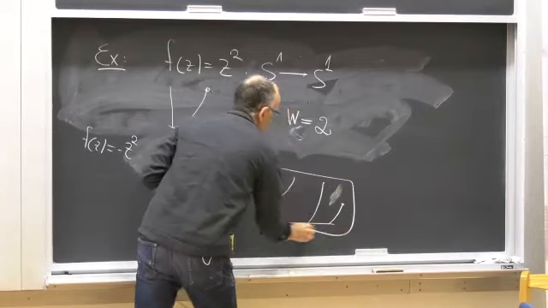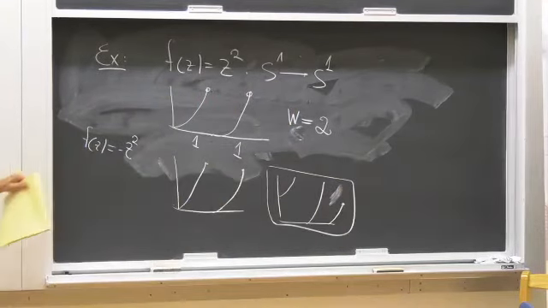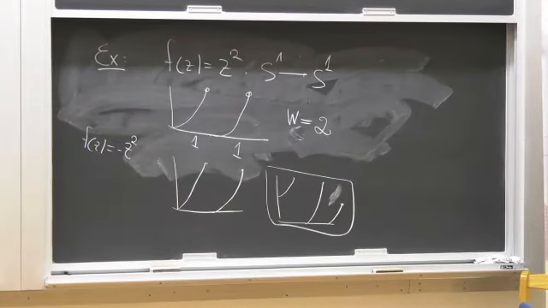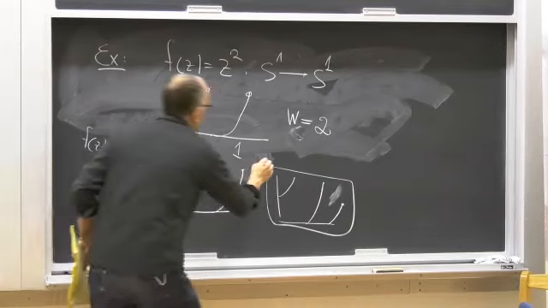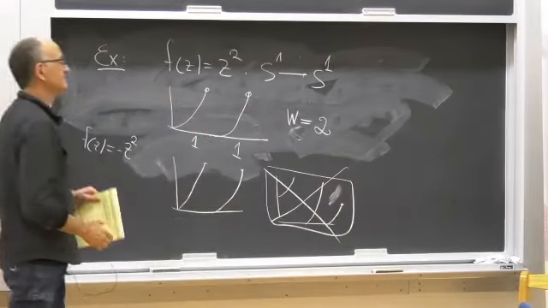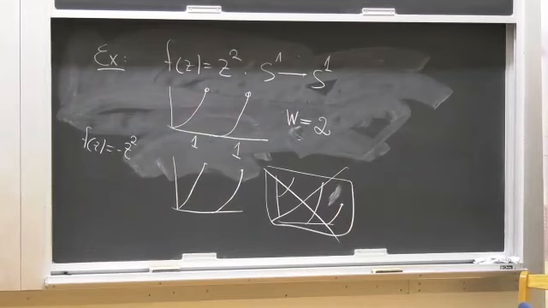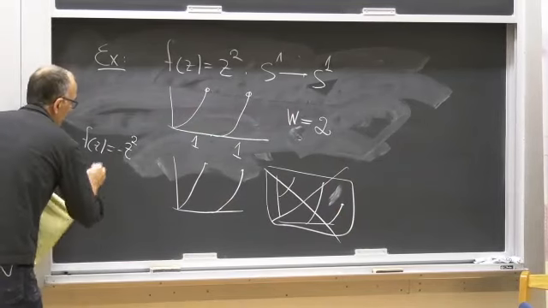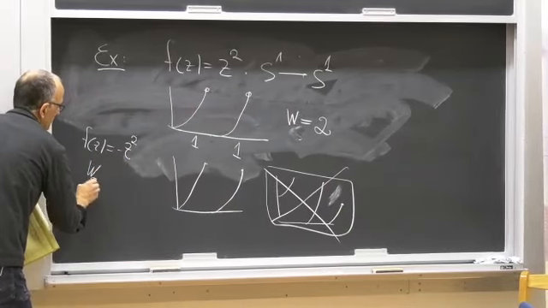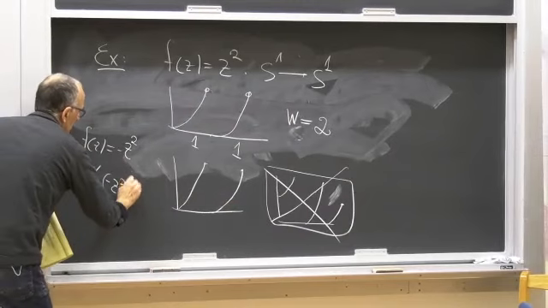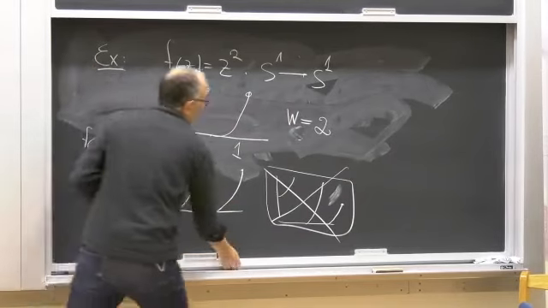This is within shift, but I prefer that we start everything from 0 and go back to 0. Okay, so the winding number of minus z squared is also 2, as it should be.